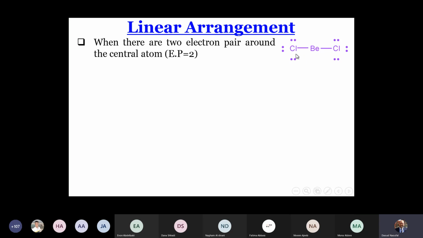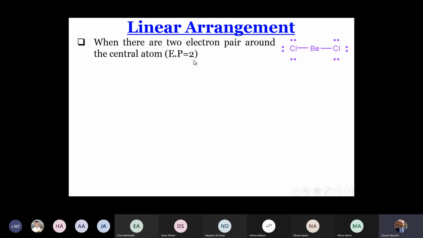BeCl2 Lewis structure is the following. If we look at the central atom, we are interested only in the central atom, which is beryllium. What is the EP? How many pairs do we have around beryllium? This is one bonding pair and one bonding pair. So EP around beryllium is equal to 2.